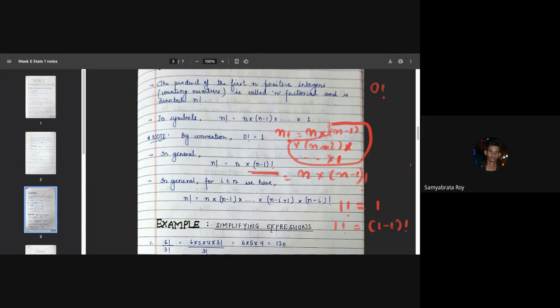If n equals 1, then n factorial is equal to n into n minus 1 factorial. Then 1 factorial is nothing but 1 into 1 minus 1 factorial. Can I say this? Yes or no?